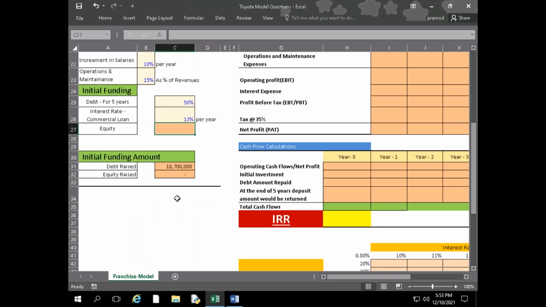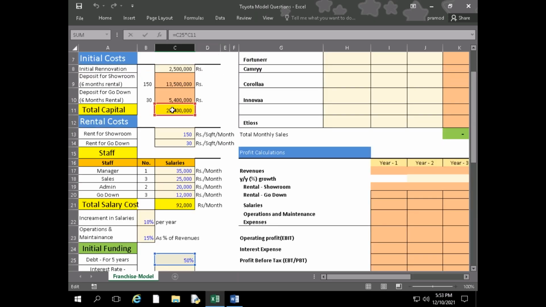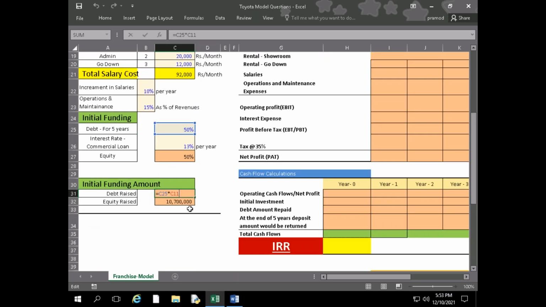Okay. So the debt is 50%. The other 50% is equity. So debt raised is 50% into this amount, total capital. So you know the formula to do this. Equity raised is the other 50%, sir.